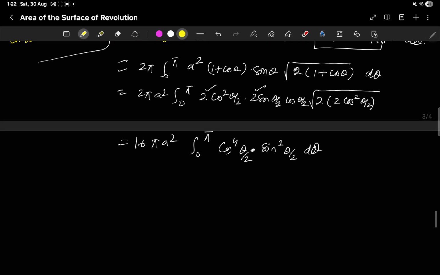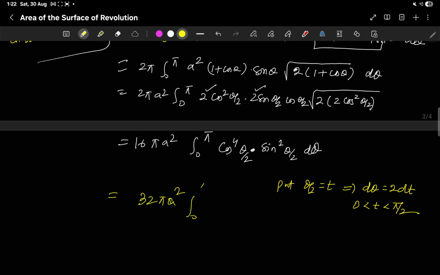Now if I put theta by 2 equal to t, this implies d theta is equal to 2 dt, so 0 less than t less than pi by 2. It will be 32 pi squared, integral 0 to pi by 2, cos to the 4th t into sin to the power 1 t dt.